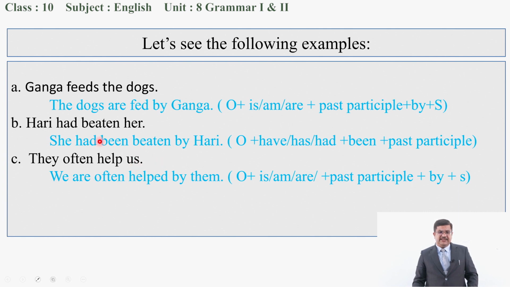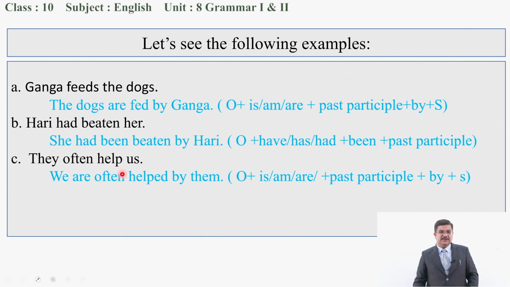Us, in this sentence, is used as an object, but we cannot use this us as a subjective form. That's why, what is the subjective case of us? We. Often help. See, it is in root form of a verb help. That's why we require are. This is plural subject, plural verb.